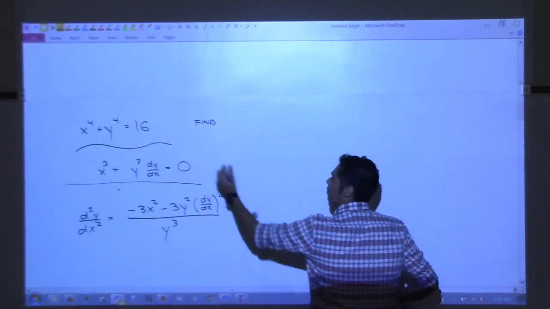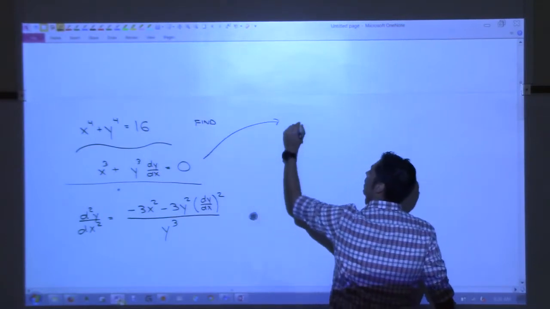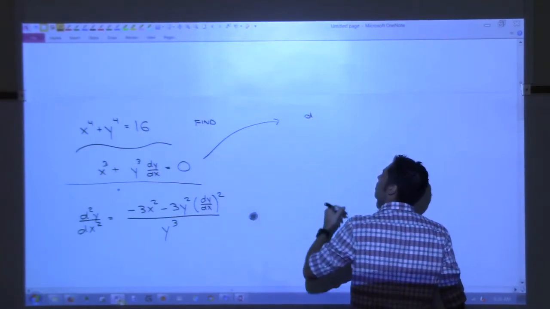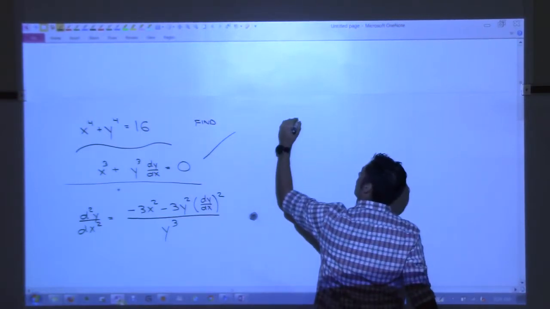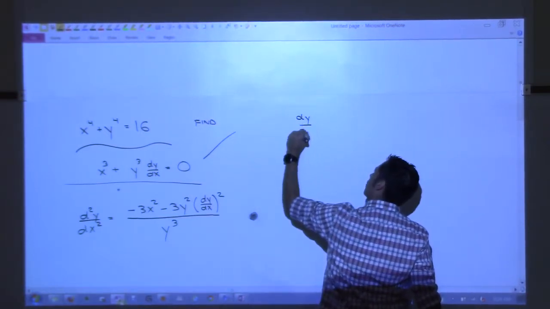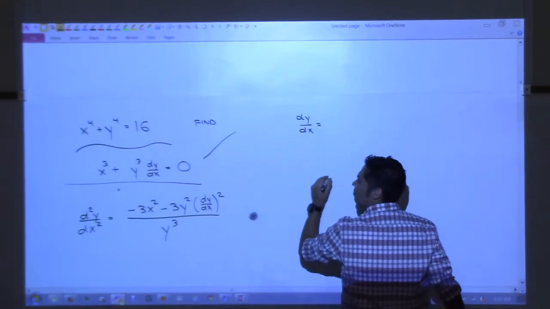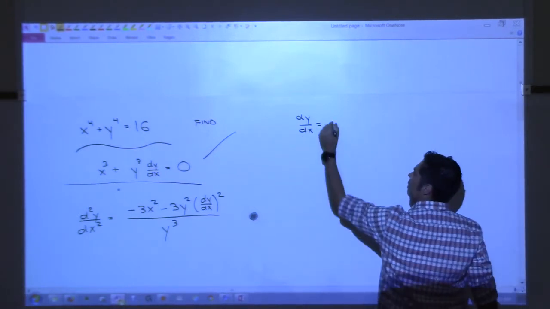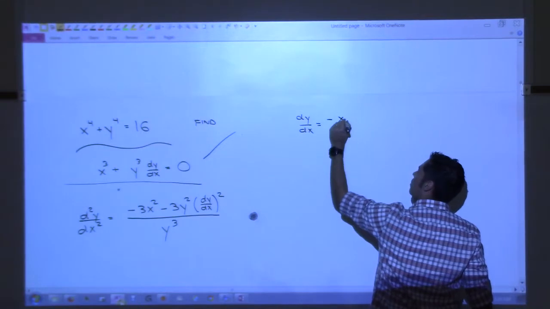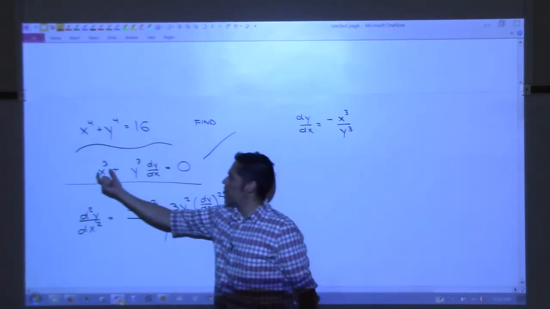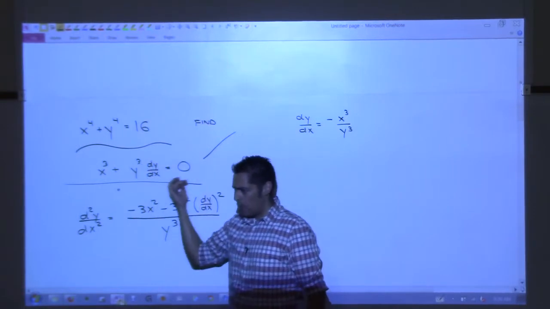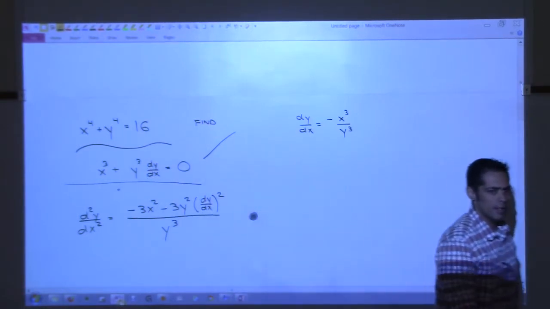So solving this one for dy dx, I get, whoa. dy dx is, what's it going to turn out to be? Negative x cubed over y cubed. So you just move the x cubed over, it becomes negative, divide by y cubed, you get negative x cubed over y cubed.